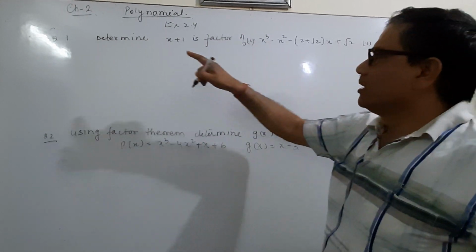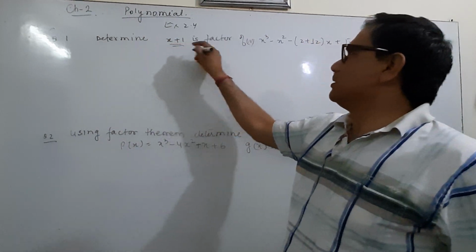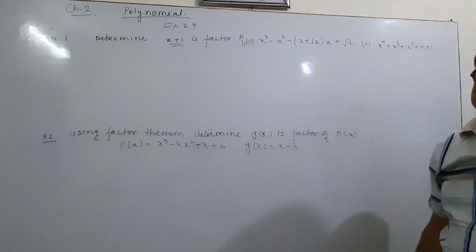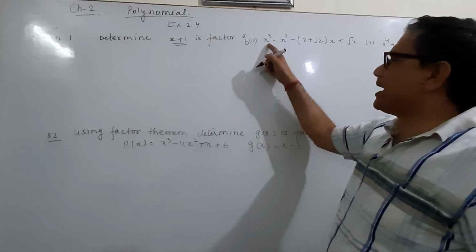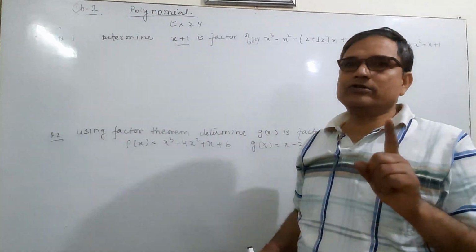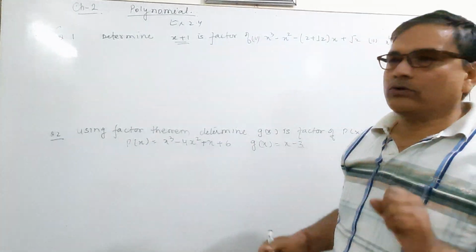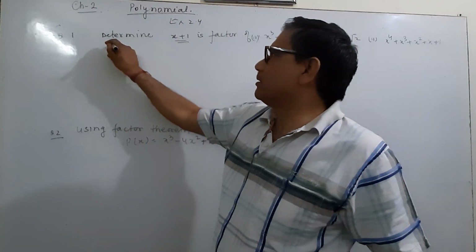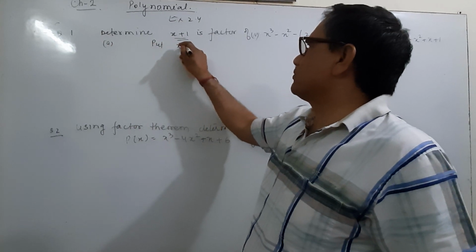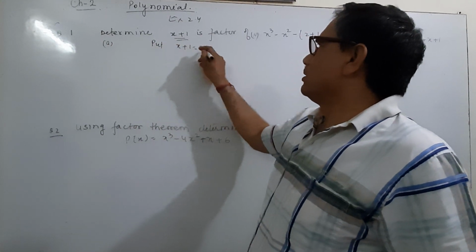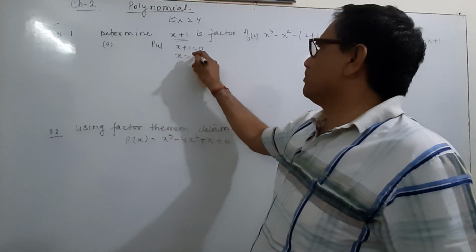Check here. First, determine whether x plus 1 is a factor of the first part. If x plus 1 is a factor of this P(x), then the remainder will be 0. So for part A, put x plus 1 equal to 0, then x is equal to minus 1.